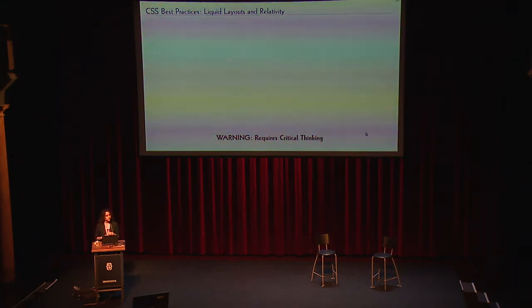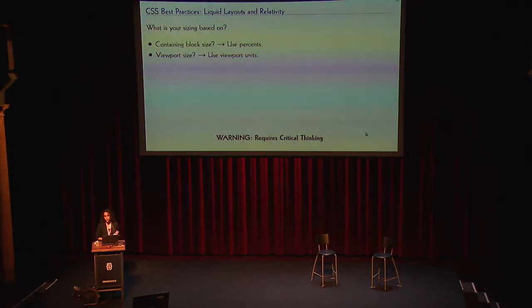Liquid layouts and relativity. We put all of this effort into making CSS fluid and giving you lots of units to play with. We need you to think about that and use them. So when you're sizing things, instead of just reaching for pixels all the time, think about what your sizing is based on. Why am I making this box this big? Am I trying to fill the containing block? In that case, I might want to use percents or an appropriate auto value.